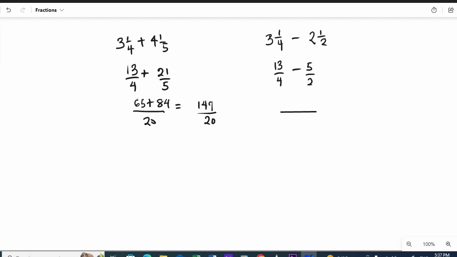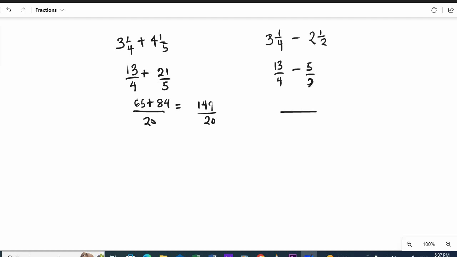So what do we do here first? Remember, they have a common factor, which is 2, in 4 and 2. So we can't just multiply them to get the LCM. To get the LCM, you need to draw your table and find the LCM.